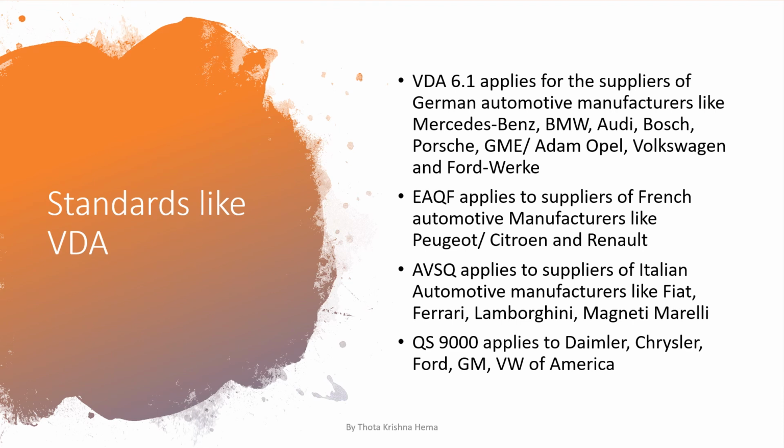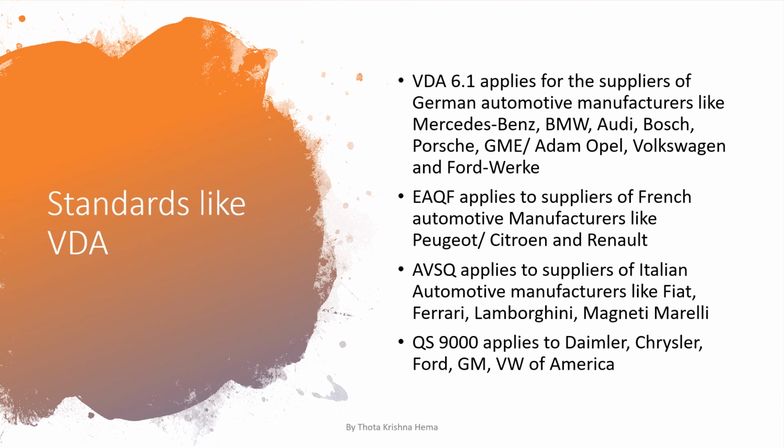There are other standards similar to the VDA 6 standard as well. VDA 6.1 is applicable for German automotive manufacturers like Mercedes-Benz, BMW, Audi, Bosch, Porsche, Adam Opel, Volkswagen and Ford Werke. EAQF is applicable for French automotive manufacturers like Peugeot, Citroën, and Renault.